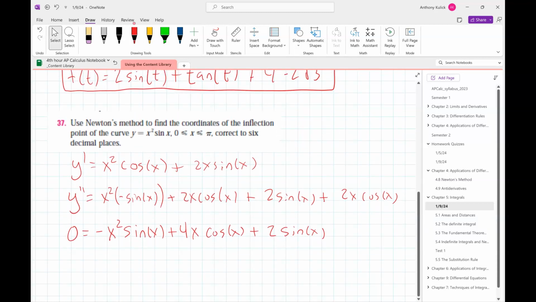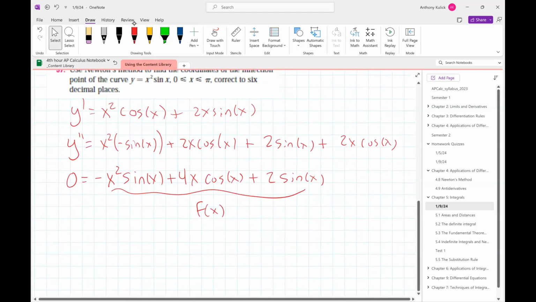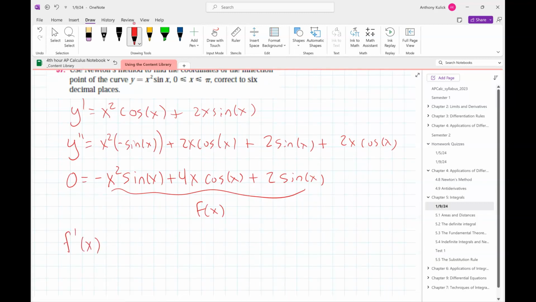So Newton's method requires the derivative of this equation, right? This is like my f of x. So I'll take the derivative of this guy now. Oh, Mr. Kulak. Wait, why would you take the derivative of this? To use Newton's method, right?